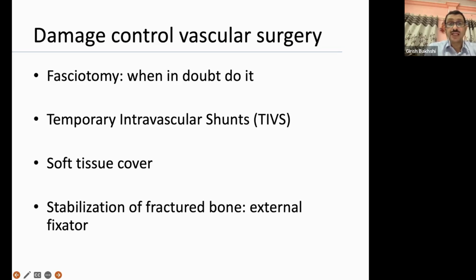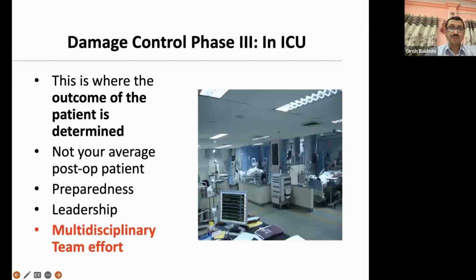And once there is edema, compartment syndrome comes into play, and that results in necrosis of the muscles. So please keep in mind that whenever you are doing a revascularization procedure in these trauma patients, do a fasciotomy so that compartment syndrome does not develop.